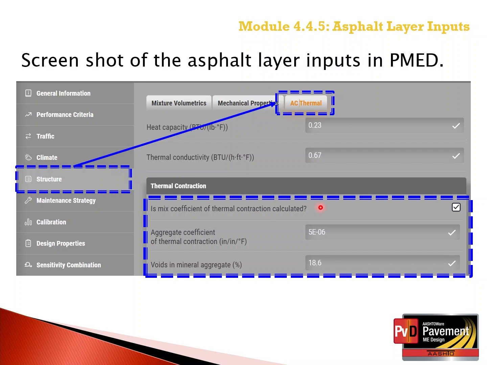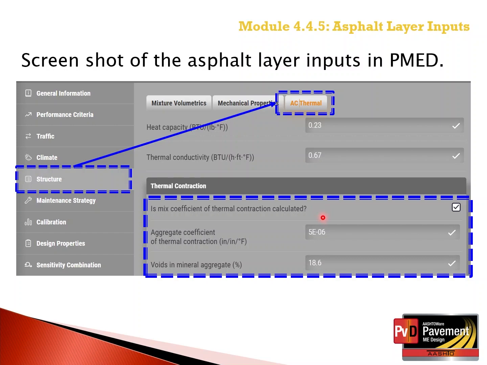If an agency for their local calibration process used specific coefficients of thermal contraction for different aggregates and/or asphalt mixtures, then those same values should be used for design to ensure that calibration and design are being used consistently.